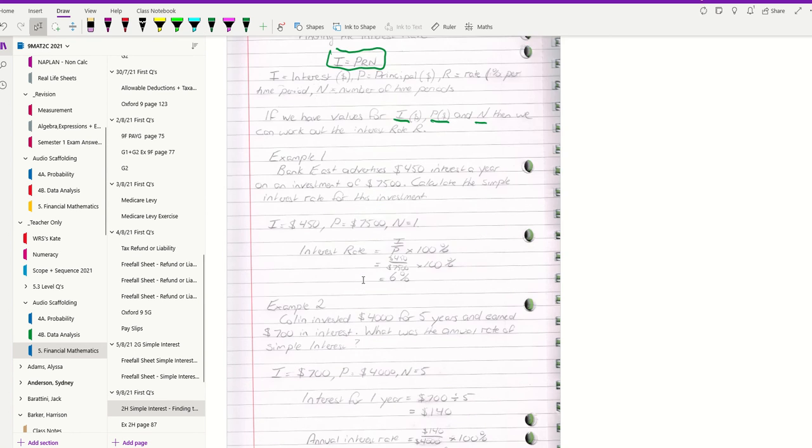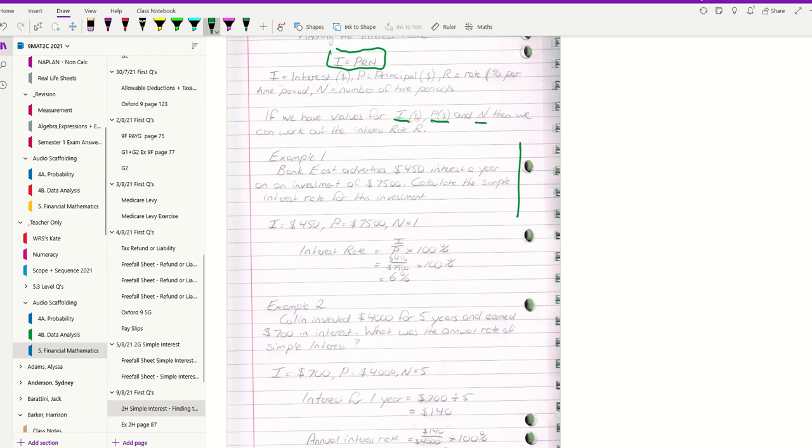So we're going to see how, if we're given the amount of interest that's been earned in dollars, and we know how much money we had to invest, the principal, and we know how long it was invested for, we're able to work out what the interest rate was.